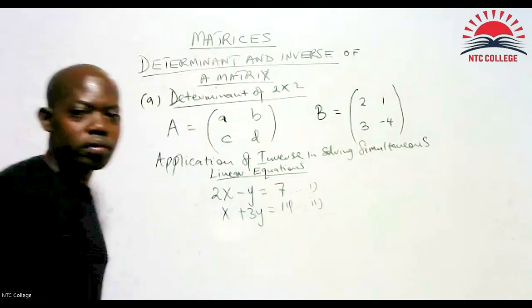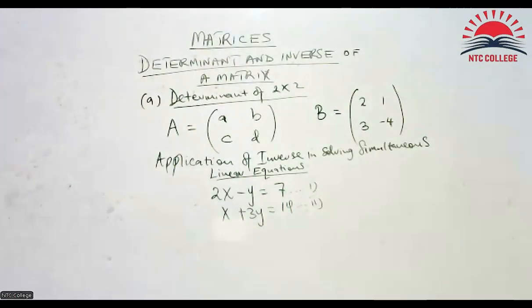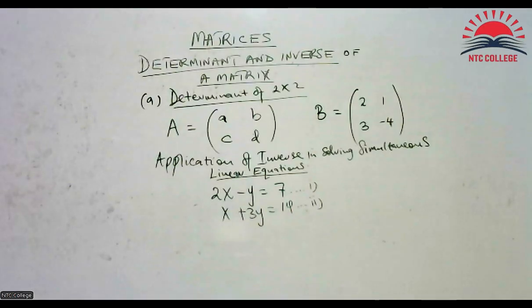Equation 2. Now we have got two linear equations here, which I'm able to write for us. 2x minus y equals 7, and x plus 3y equals 14.